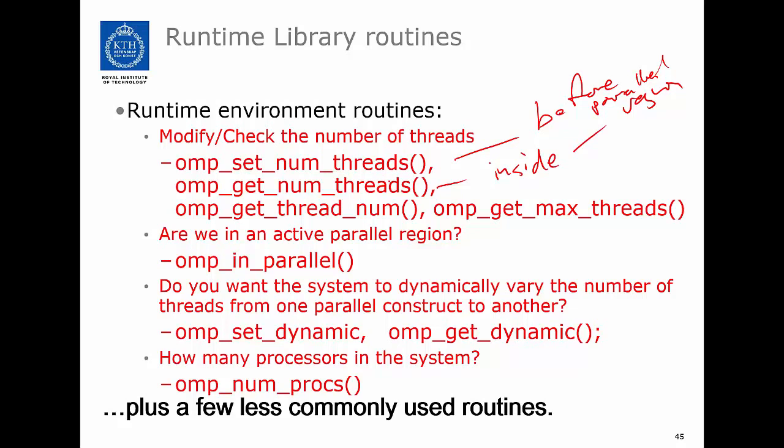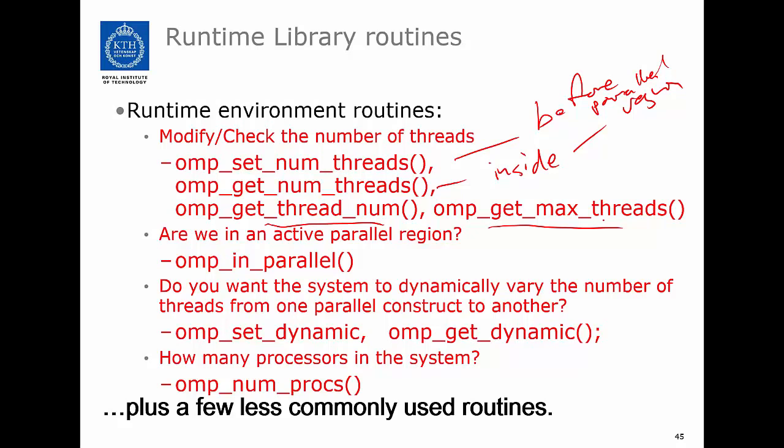OpenMP get num threads will return the number of threads that are created. This is useful because most often you don't know that number from within the code, because it is set from the outside. OpenMP get thread num will return the ID of the thread. OpenMP get max threads will return the maximum number of threads to be created.